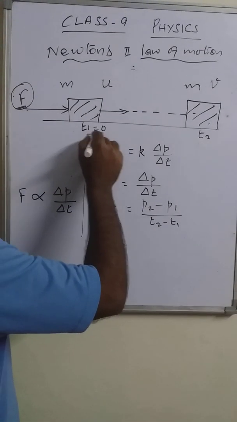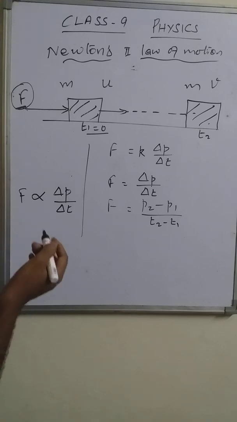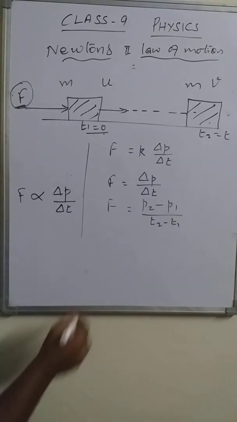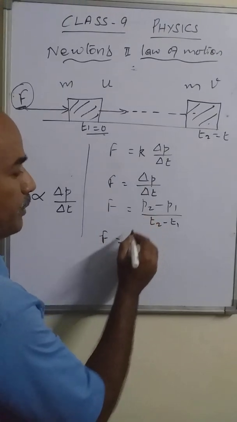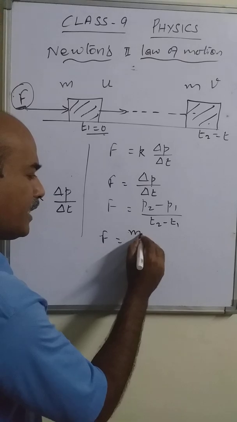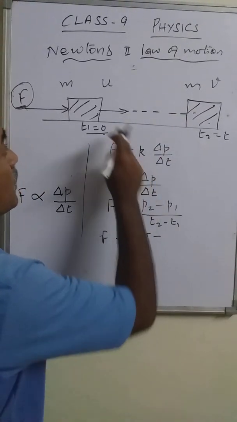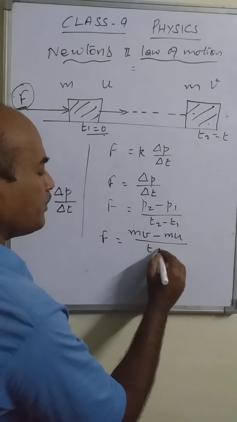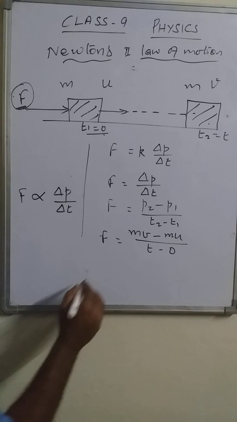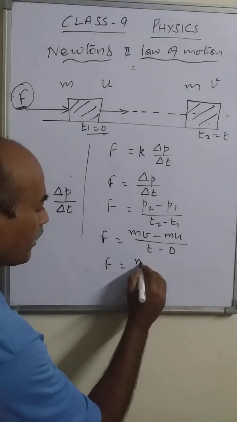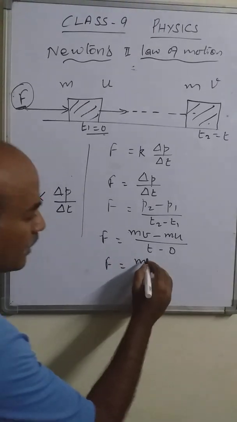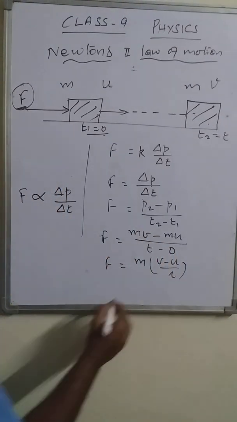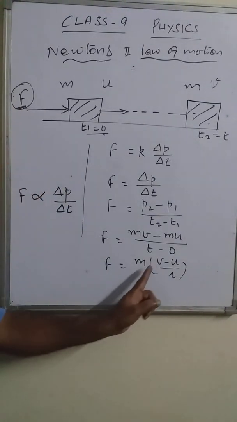So here also we assume the initial time is 0 and the final time taken is t. So we write F equal to P2, the final momentum, written as mv, minus mu, upon T minus 0. Now we get the relation. F is equal to m, which is common, and we write V minus U upon T.